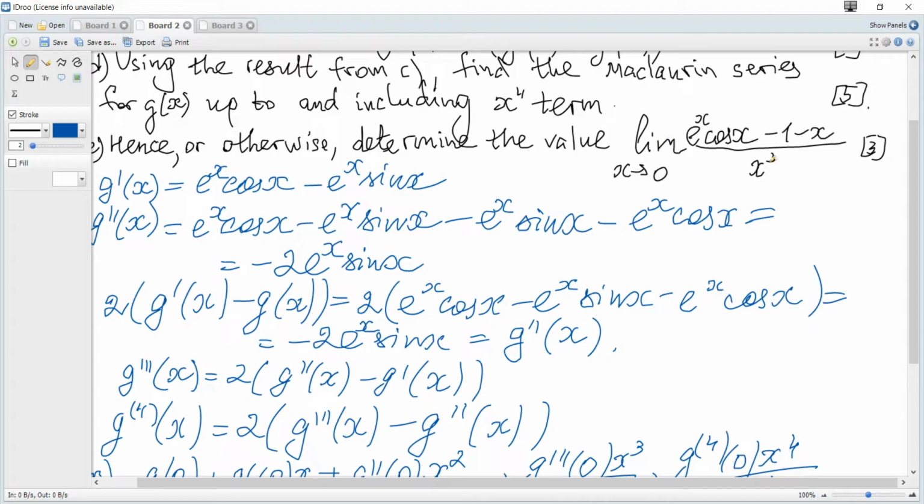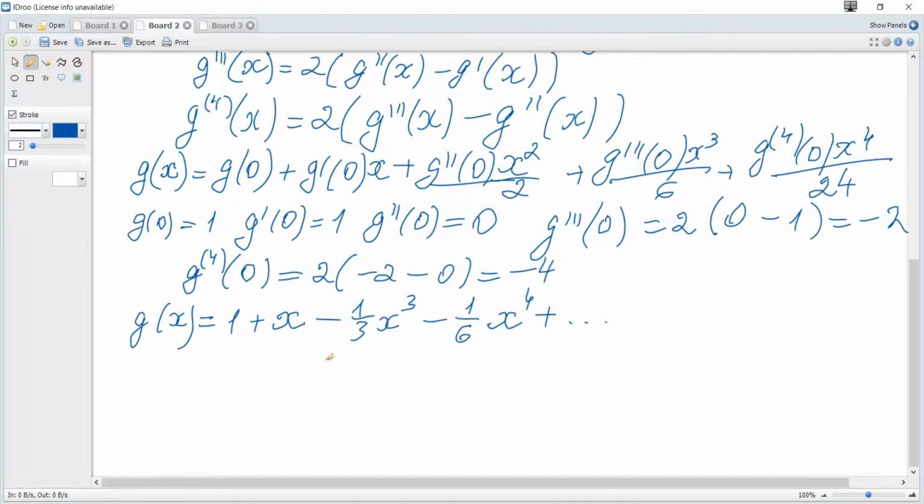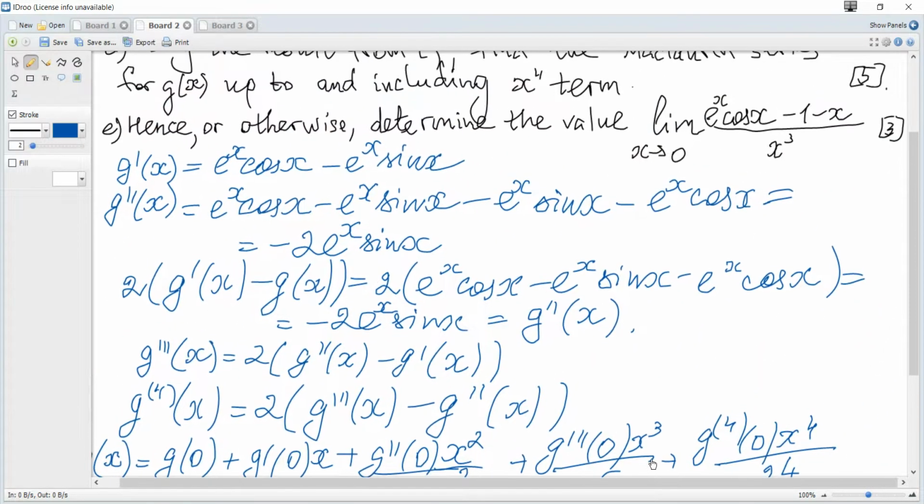Since the limit is 0 over 0, it can be solved applying L'Hopital's rule. But since we obtained the expansion for g of x, the given limit can be easily found.